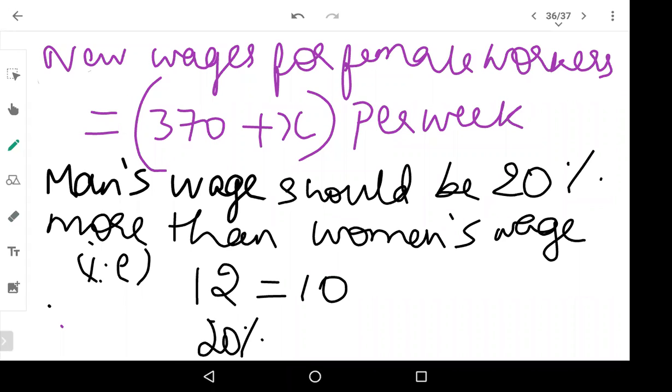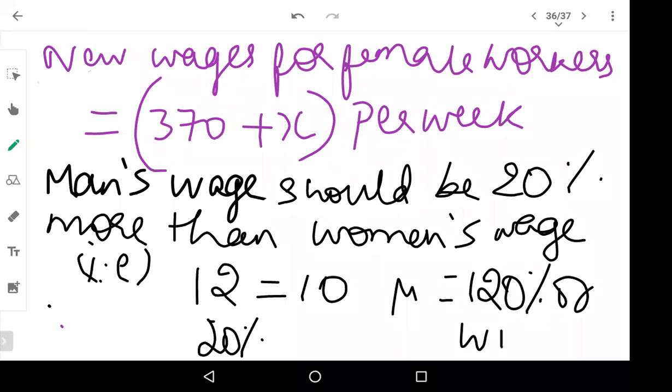I can also say man's wage can be 120% of women's wages. 20% is increased for who? 20% is increased for man. So his 100% is nothing but 120% of women.